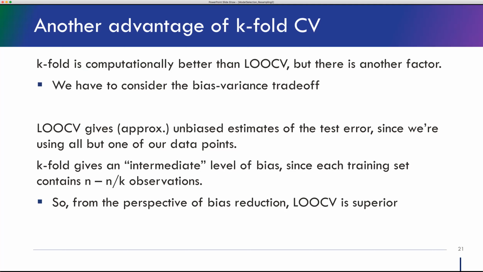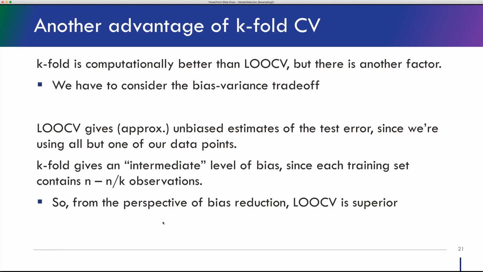Leave one out cross-validation gives approximately unbiased estimates of the testing error, since we are using almost all the data points for training. K-fold gives an intermediate level of bias because each training set contains n minus n divided by k observations, which is basically k minus 1 groups for training.